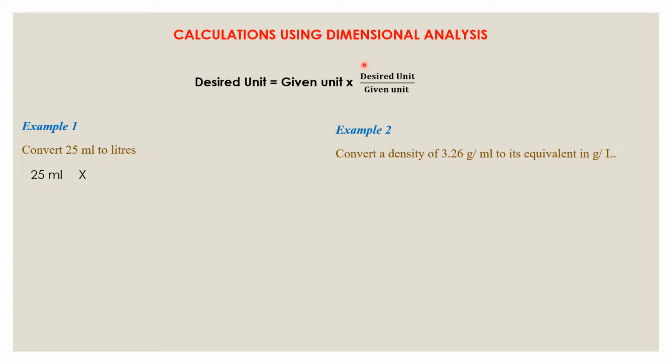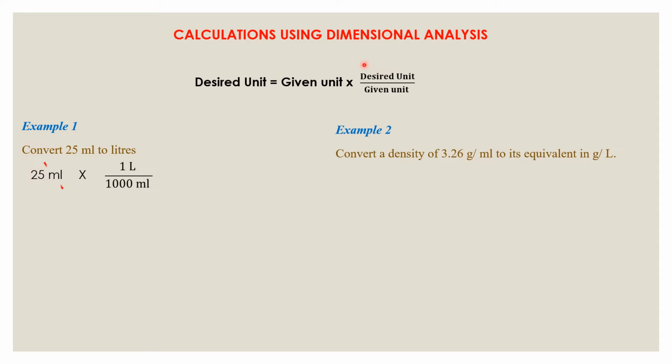The next question we should ask ourselves is, where should the milliliter go? Should it be the numerator or the denominator? Well, since we want to cancel the milliliter in the 25, we need to multiply by a fraction where the milliliter is the denominator. So we will put liter on top and milliliter at the bottom.